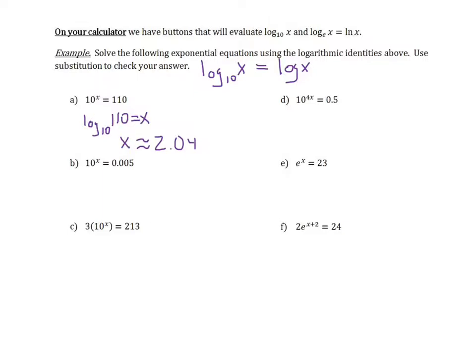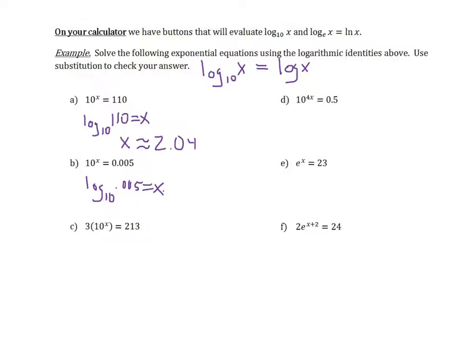Okay, well, let's use the same idea over here on b, and you can try it out. You can pause this and try it out, see what you get. And what you should get is something like this. Again, let's rewrite log base 10, because that's our base, of 0.005 is x.